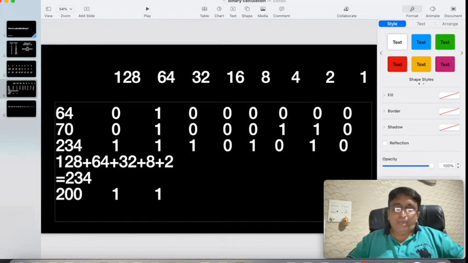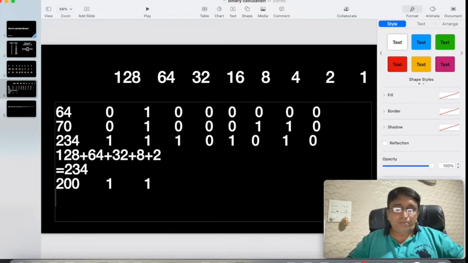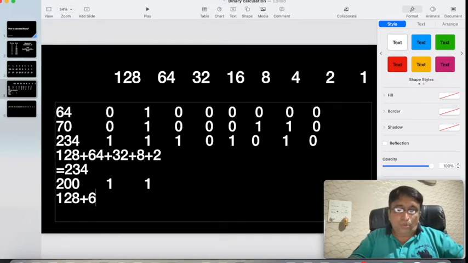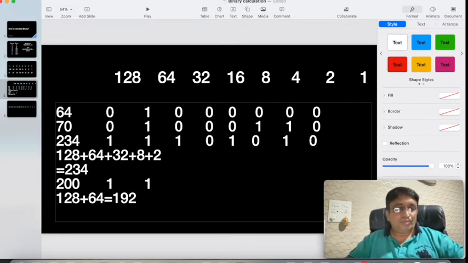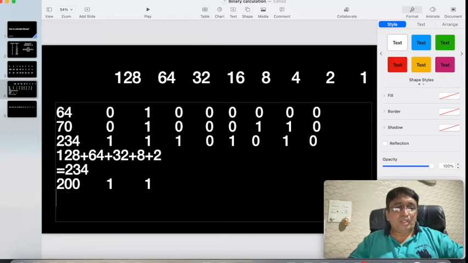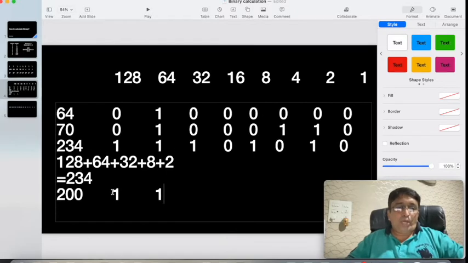Now 128 plus 64 is equal to 192. So this is 192 right now. 192 plus how much do I require? 192 plus 8 I will require.